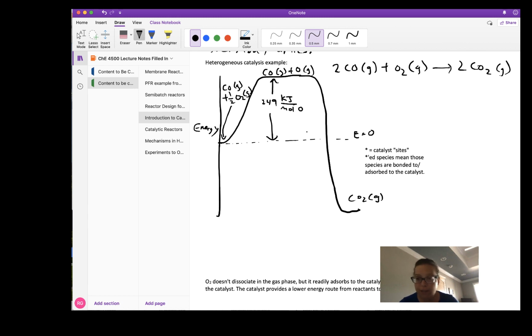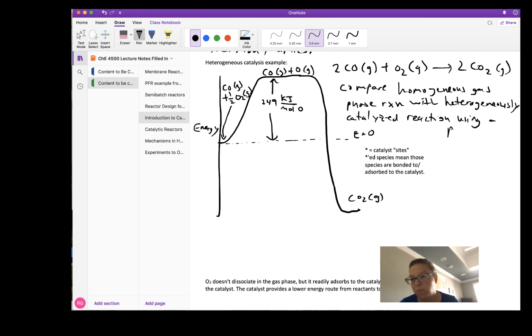Now, if we carry this reaction out over a platinum catalyst, the energy pathway becomes much better. So we'll compare the homogeneous gas phase reaction with the heterogeneous reaction using a platinum catalyst.